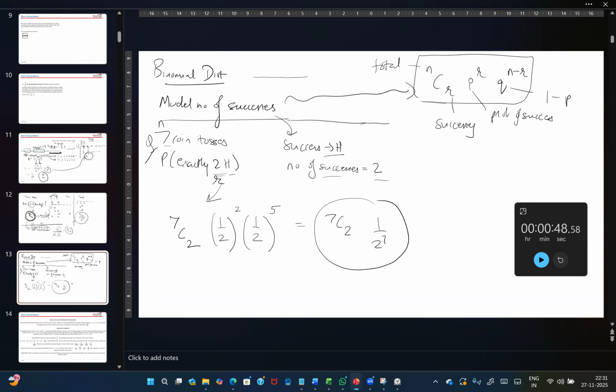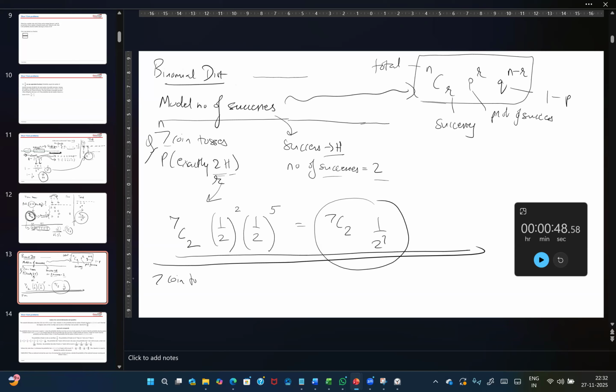This is possible only when you are viewing it as a success. So you need to identify what is a success and then find the probability for, say, two successes. For instance, if I tell you, give me the probability of two heads or three heads in seven coin tosses, how will you do that? Success would be half, failure is half.